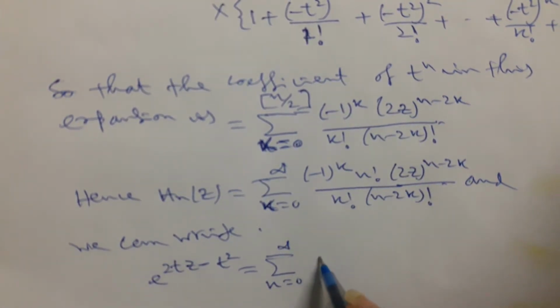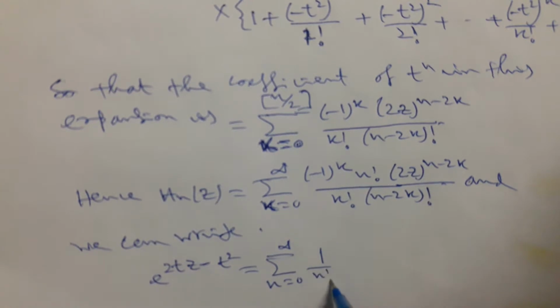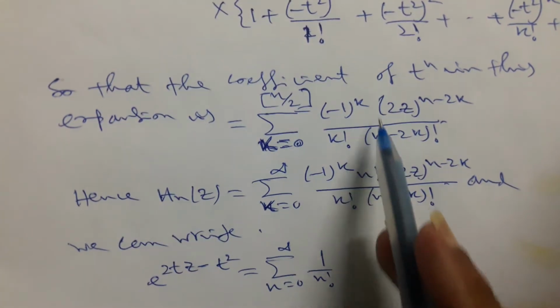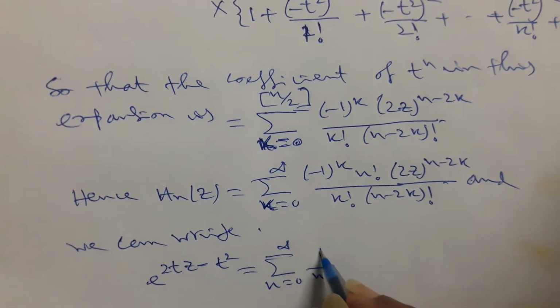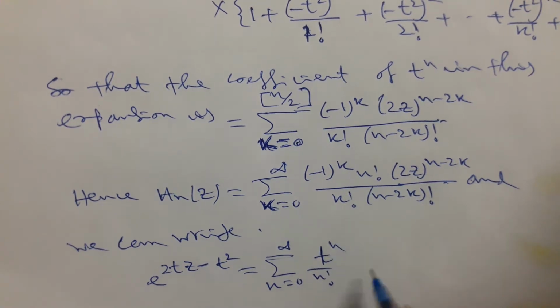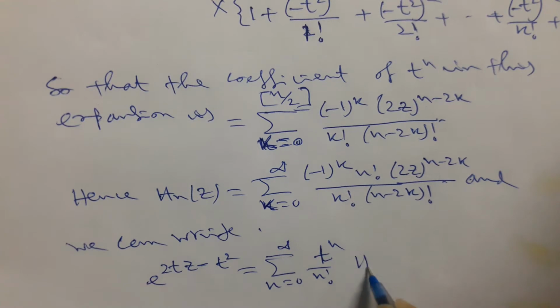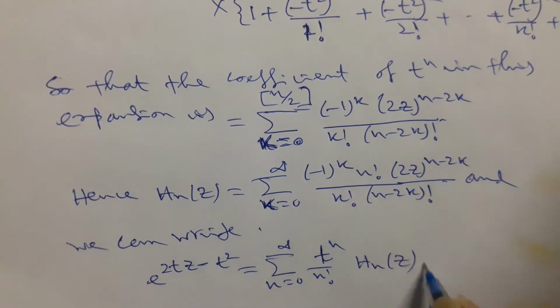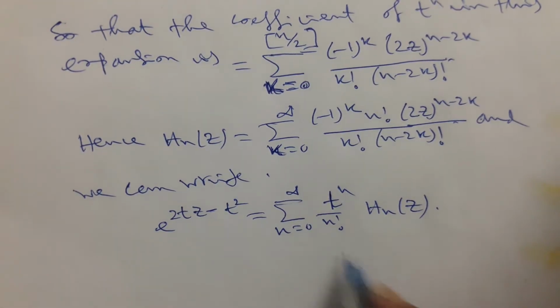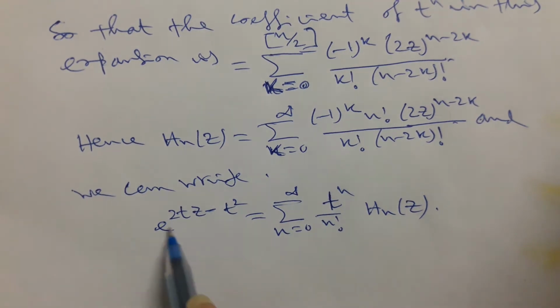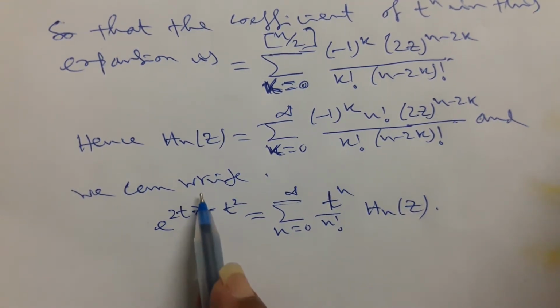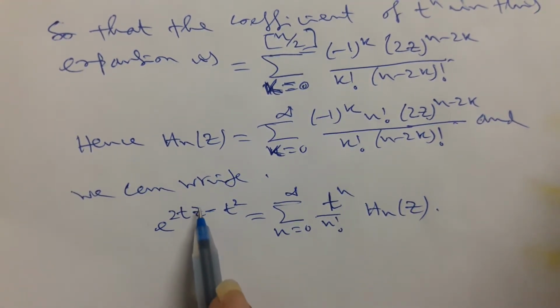That's why we adjusted 1 by n factorial into this. That means it will be t to the power n into this quantity, which is denoted as Hn(z). So we are taking this result. So we find the generating function for Hermite polynomial.